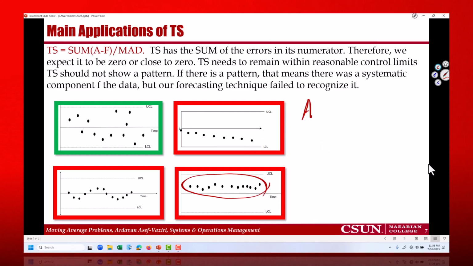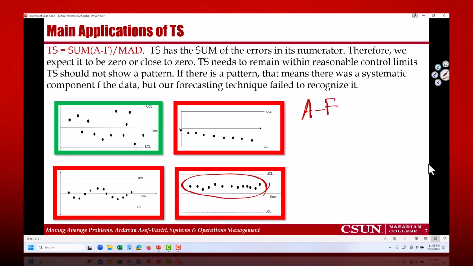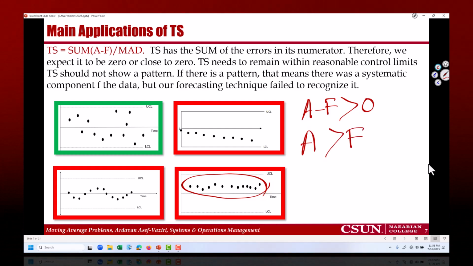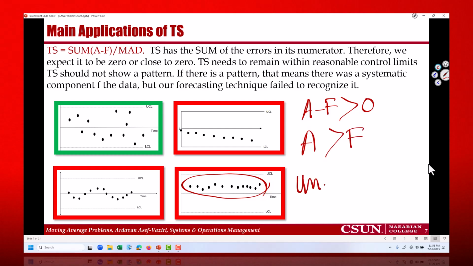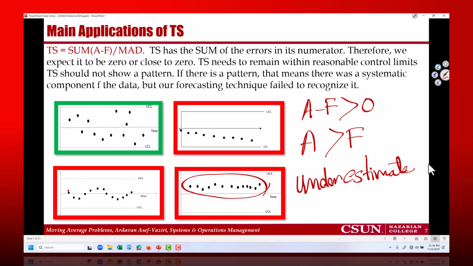What is a situation like this? A minus F, which is in the numerator, is greater than 0. That means A is greater than F. Therefore, we are underestimating the demand. What about a situation like this?